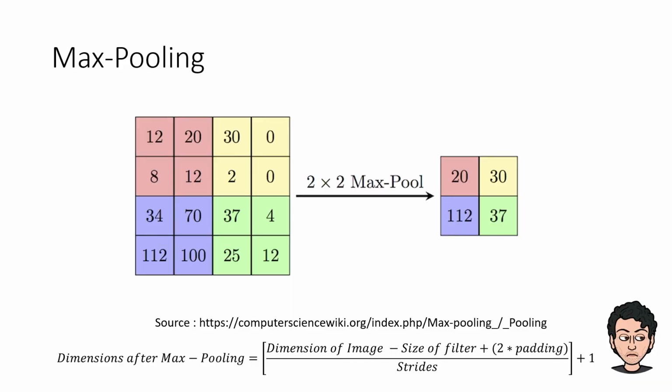So how do we proceed further? After the convolution there is something known as max pooling. The convolution is not necessarily sufficient, we need something known as max pool. So what is max pool? Max pool is used for reducing the dimension of the convolved image. The dimension of the convolved image is not always going to be very small, so we have to reduce it as much as we can.